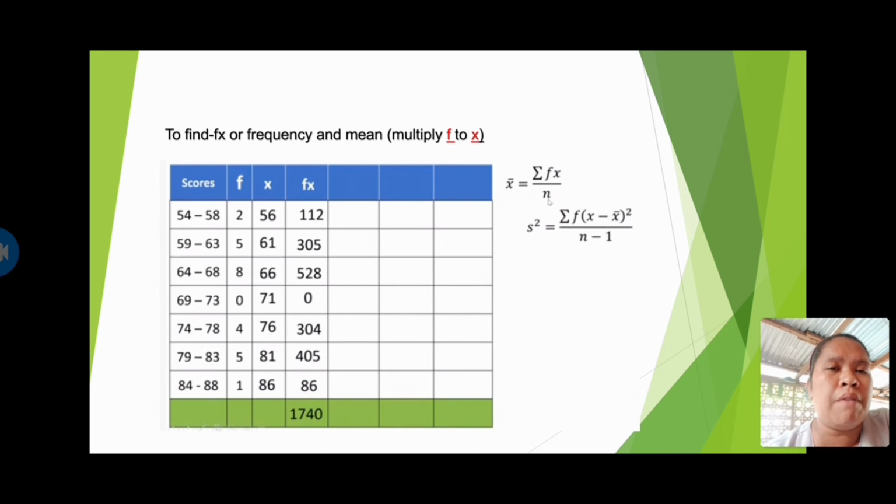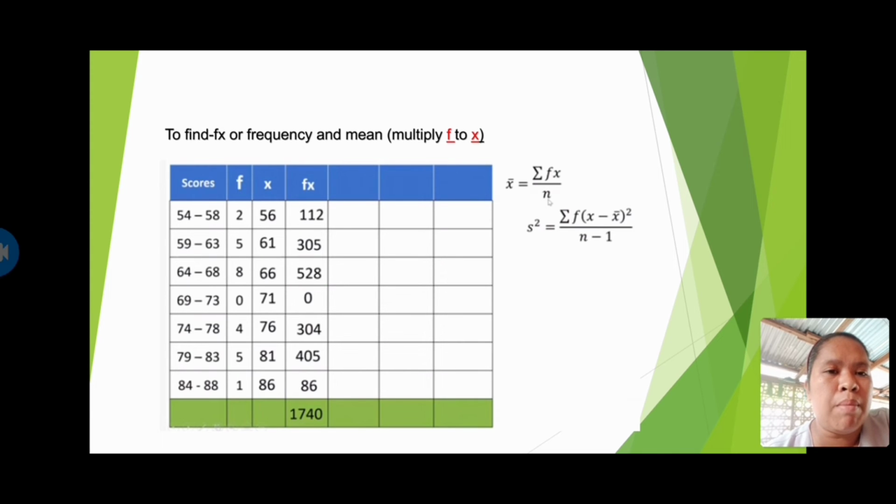Next, to find fx, multiply f to x. So we just multiply the value of f to the x. The results are here: 112, 305, 528, 0, 304, 405, 86, and we will just add all of that.